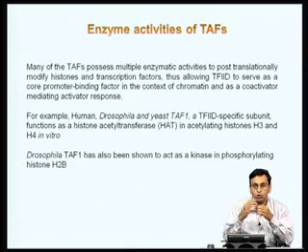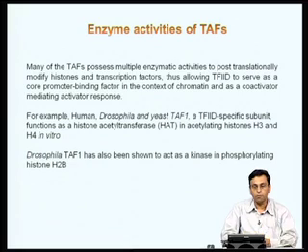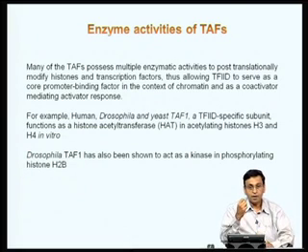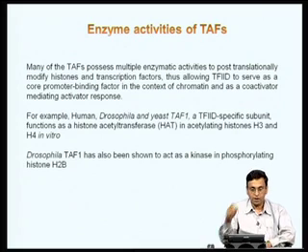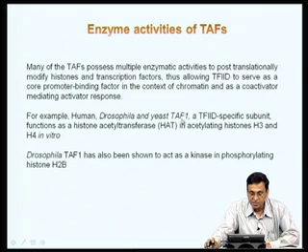The first thing that has to happen is you have to dislodge the histone. This is where people realized that some of the transcription factors, especially TAFs, can modify histones. For example, human, Drosophila and yeast TAF1, which is a TFIID-specific subunit, can acetylate histones.